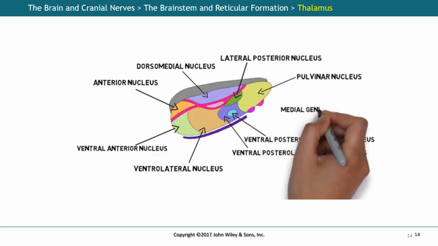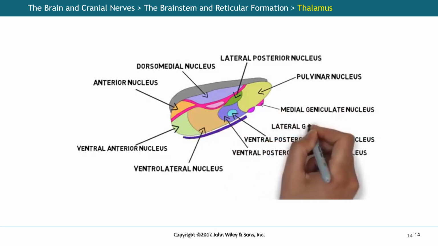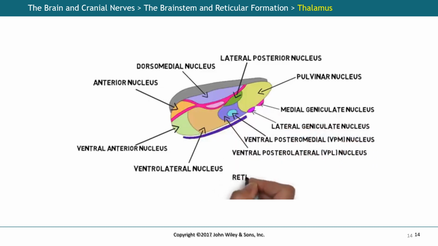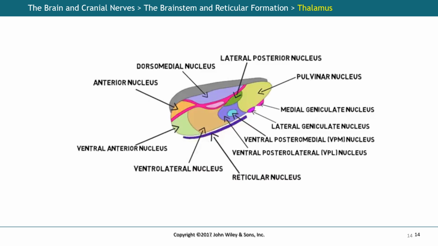The medial geniculate nucleus and the lateral geniculate nucleus serve as important relays for auditory and visual information, respectively. The reticular nucleus forms a sheet that makes up the outer covering of the thalamus. It influences the activity of other nuclei within the thalamus. There are also a number of nuclei not visible in this image, such as the centromedian nucleus, which is thought to be involved in attention and arousal.